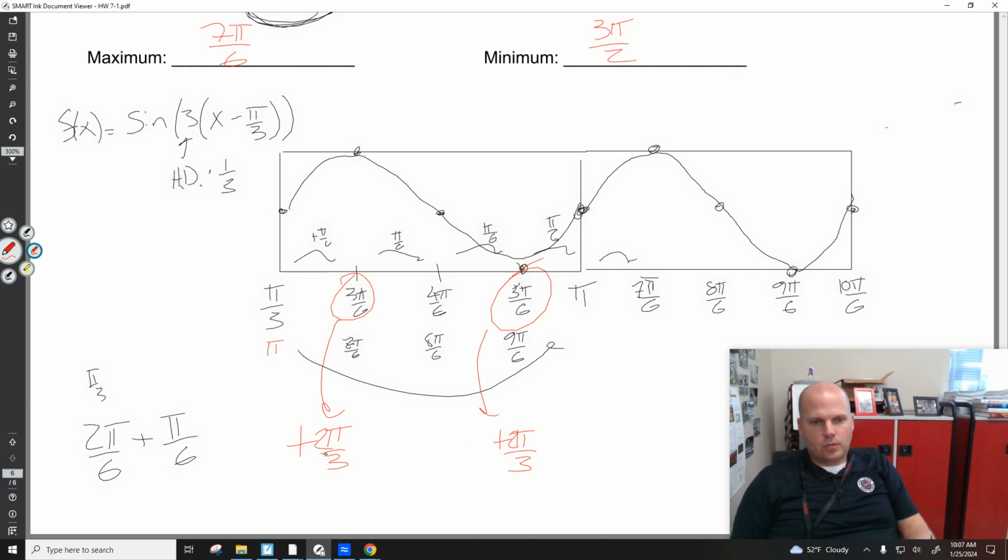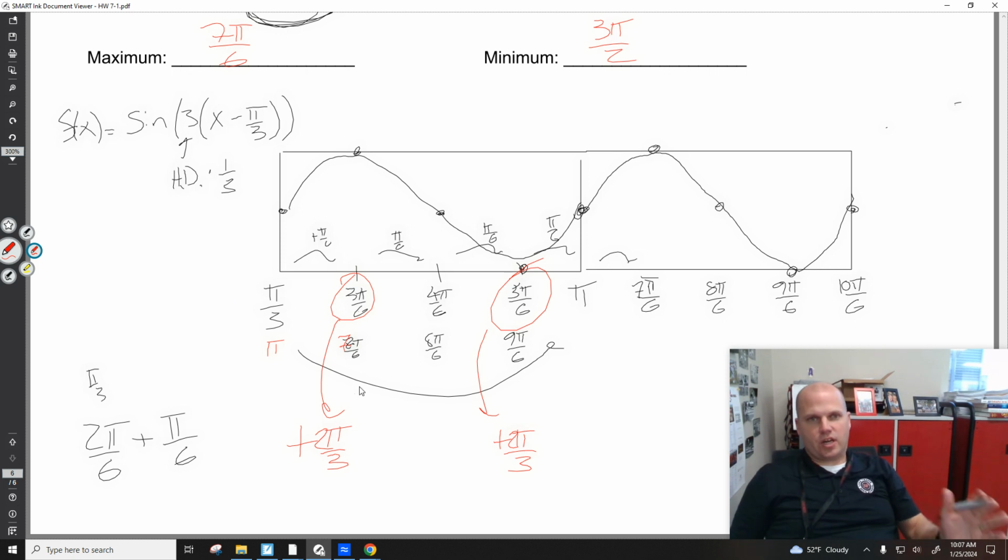Add your period, which is 4 pi over 6. 3 pi over 6 turns into 7 pi over 6. Again, if you go a period length, you repeat. You're back to where you started. Add 7 pi over 6 to 5 pi over 6. It's 12. 5 pi over 6 plus 4 pi over 6 is 9 pi over 6.